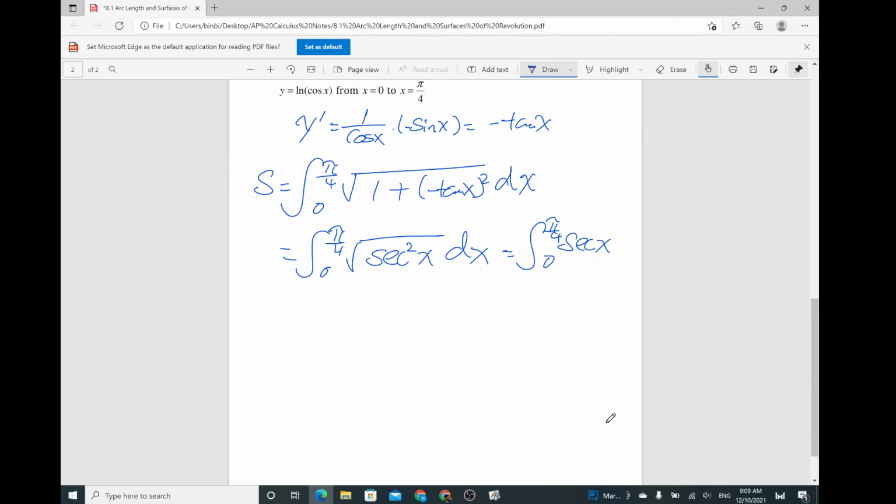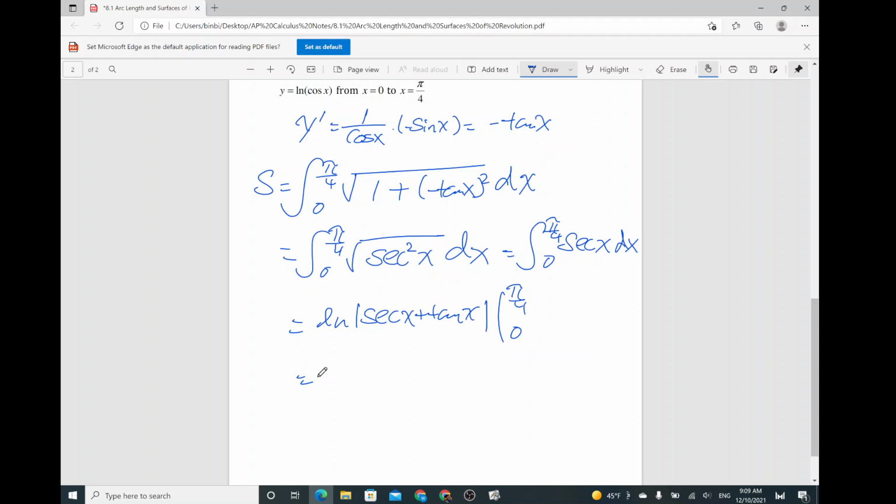Okay, so you might be wondering, what's the integral of secant of x? The integral of secant of x would be natural log of absolute value, secant of x plus tangent of x, and it goes all the way from 0 to pi over 4.